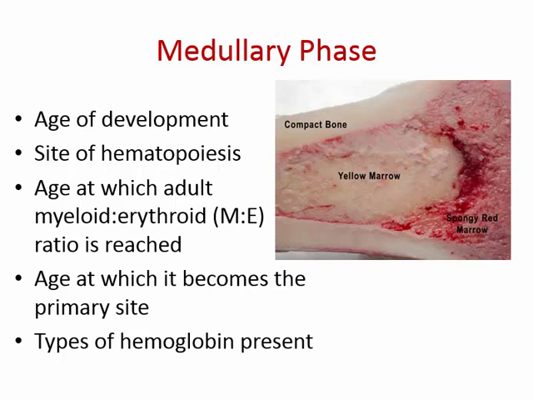On the medullary space, what you are going to start to have is that you are starting to develop bone marrow cavities. So you're going to have cavities inside of the bone. And it's going to start hematopoietic activity inside those cavities. Medullary phase refers to the medulla cortex of the bones. That's where you're going to start the hematopoietic activity.